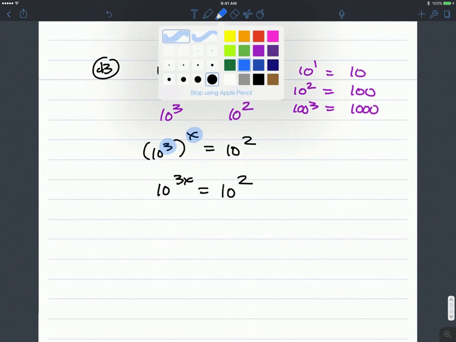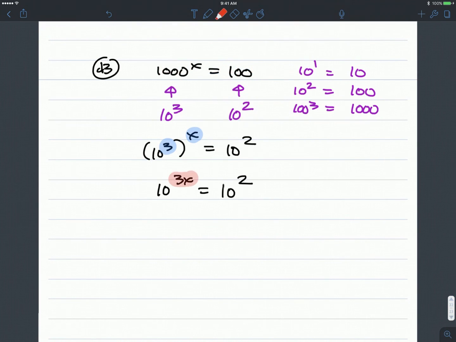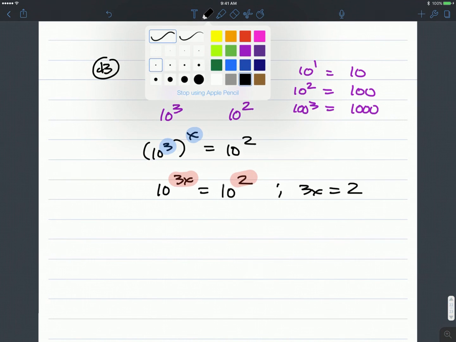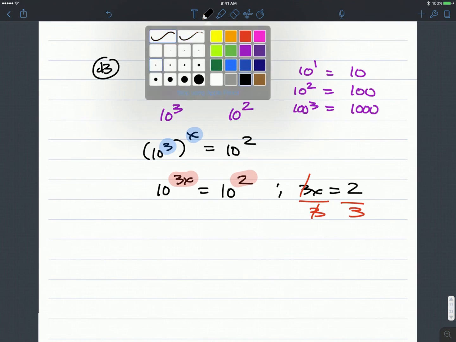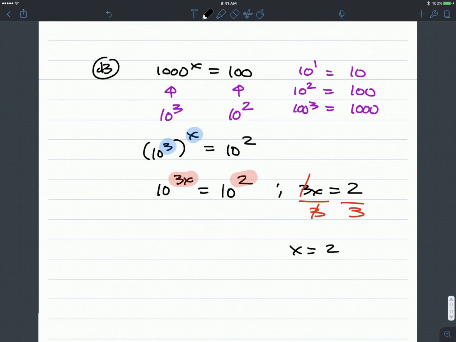What does this mean about my powers? 3x is 2. So if 3x is 2, can I solve this for x? Divide by 3. What is x? What do you guys think? Is that okay?